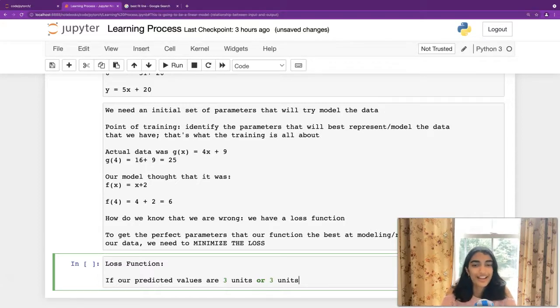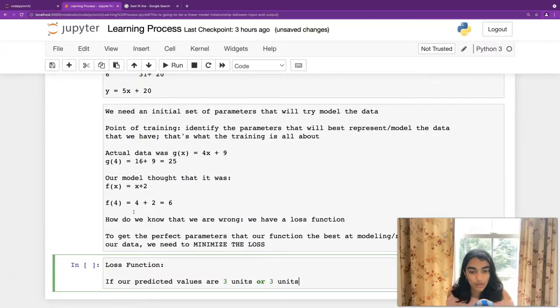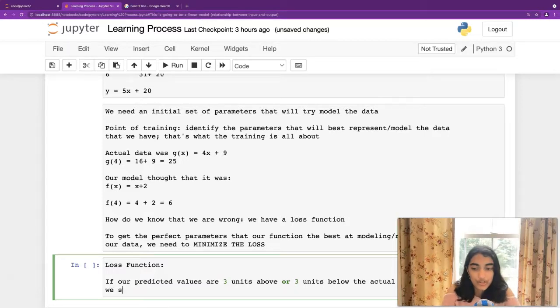We're wrong, and if we're wrong, we're wrong. It doesn't matter in which direction we're wrong, okay? So 3 units above or 3 units below the actual value, we should penalize it the same.